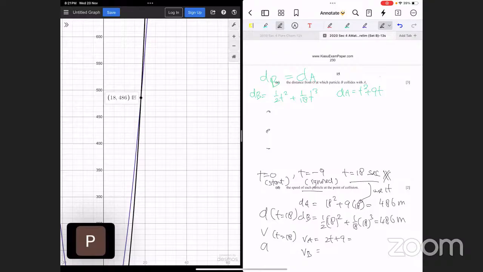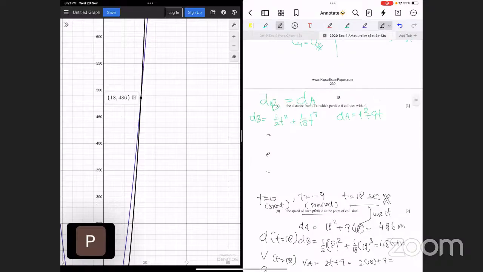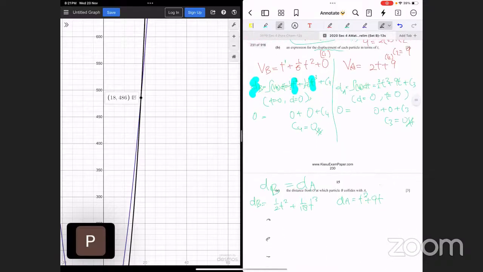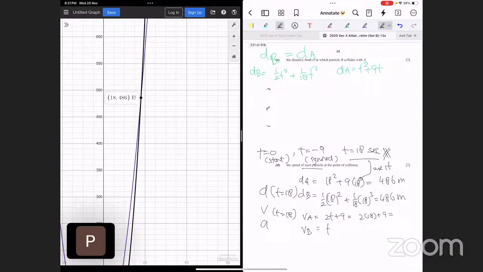Okay, help us. Just help us. What is this then? And VB will be t plus... That's 45. Okay, 45. The unit will be? Will you use the unit for velocity or speed in this case?